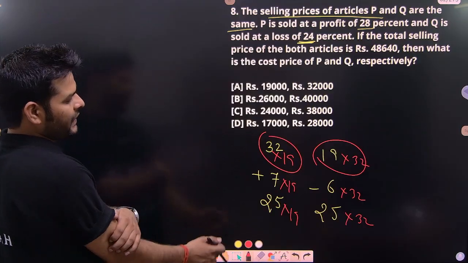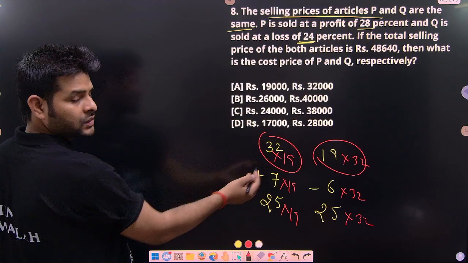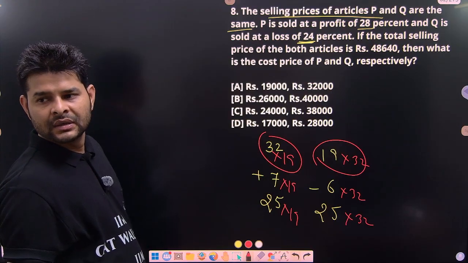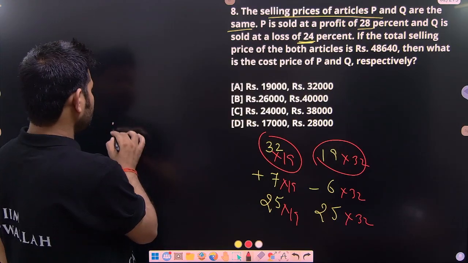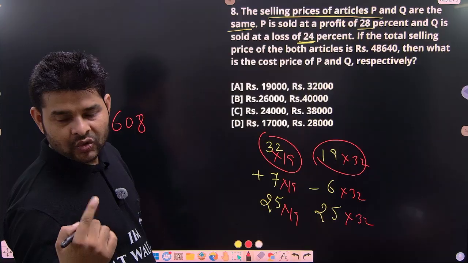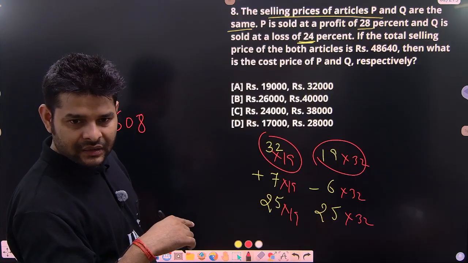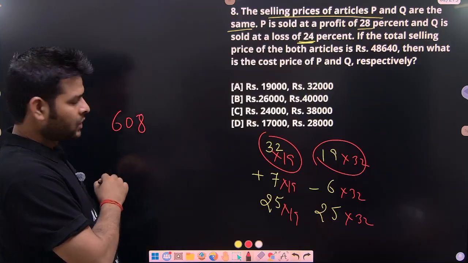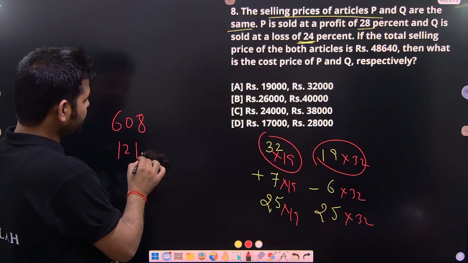So if you multiply, you will get 608, which is the selling price of one article. Total selling price would be double that value, so that would be 1216.